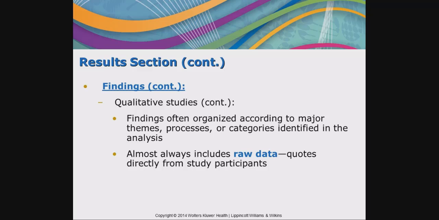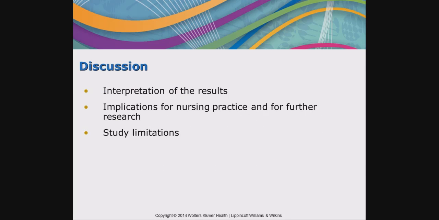For example, in that grounded theory study about the caregiver of the persistent mentally ill, we had 100% of our respondents indicate that they had lost a sense of self and they had lost hope for themselves. And so that was a saturation point that we identified when we published. And it always includes raw data.